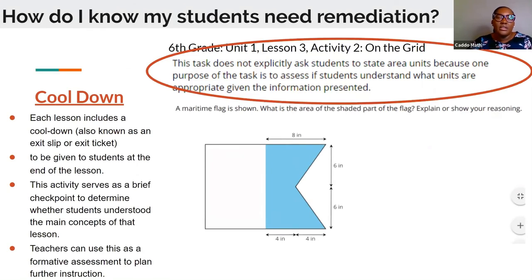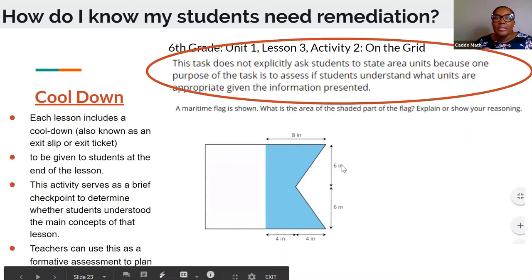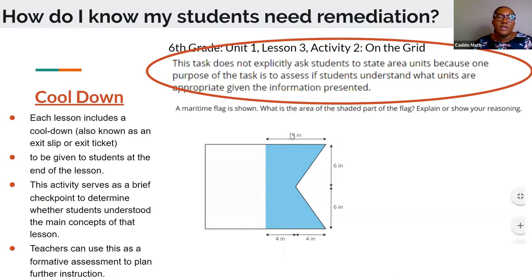They're not necessarily looking to see whether or not they know that the appropriate units is inches. It's more of, can they decompose, rearrange, and find the area of this shaded portion and do the multiplication that's involved in finding the shaded portion, which is that 5th grade standard.